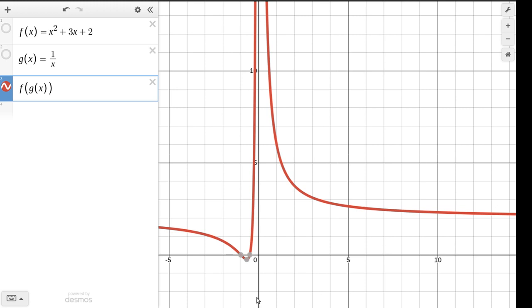Notice it still has the vertical asymptote, and it still ends up with the minimum value. F of x is saying, hey, I will have a minimum value there. The rule of f of x still limits the range. F of x range is still defined the same way, and we pick up the asymptotic value of g.